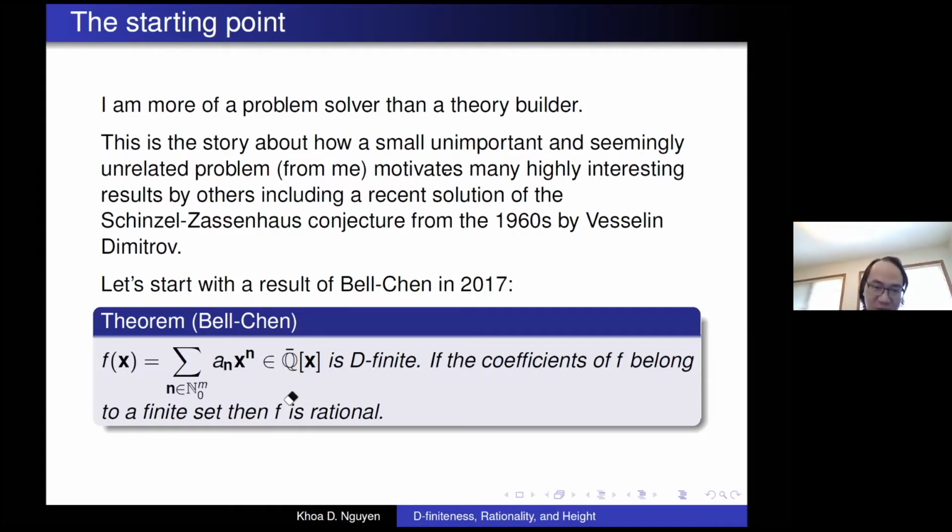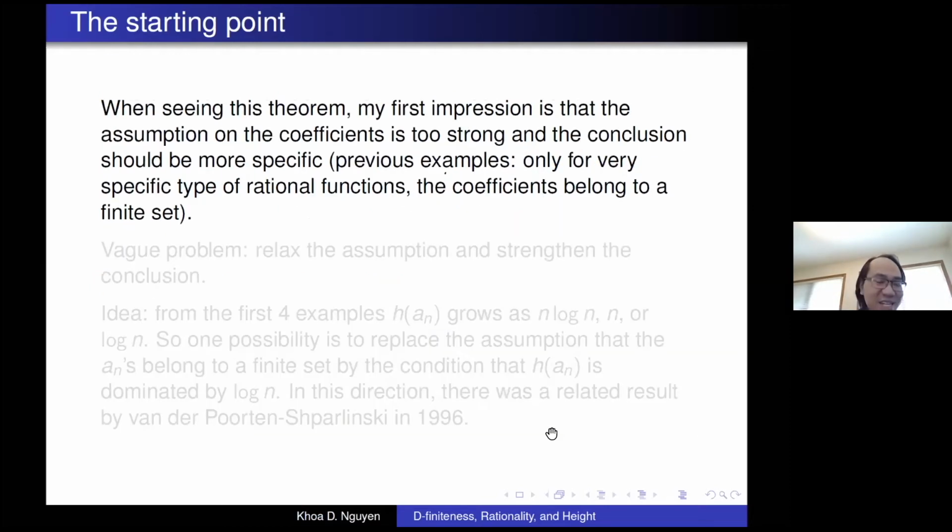When I saw this result, my first impression is that the assumption on the coefficients is too strong. You require the coefficients to belong to a finite set. It seems a very strong condition, and the conclusion that f is rational should also be stronger, because if you look at the previous examples, not every rational function gives you coefficients in a finite set.